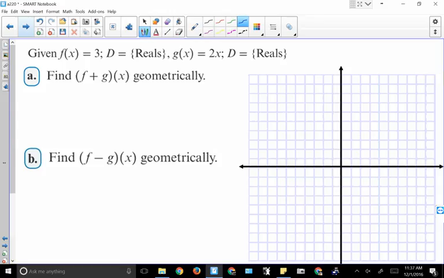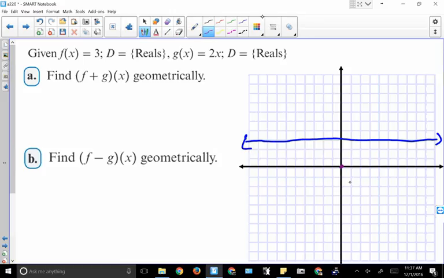Now, if I want to do it on a graph, that's easy enough to do. Let's say that f of x is going to be equal to 3. So that means that 1, 2, 3 goes through here, always at 3. The other one, it says y is equal to 2x. So for g of x, if I put 0 in, I get that.